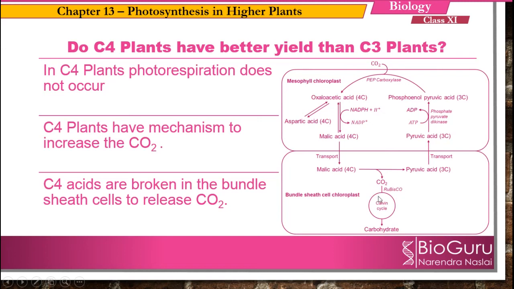So in the bundle sheath cell Rubisco is present, whereas it is absent in mesophyll cells. Because of that, the C2 pathway, that is photorespiration, is absent in C4 plants, and because Rubisco is always provided with carbon dioxide, there is obviously a better yield than in C3 plants. So these are the reasons why C4 plants have better yield than C3 plants. Moving to the next one.